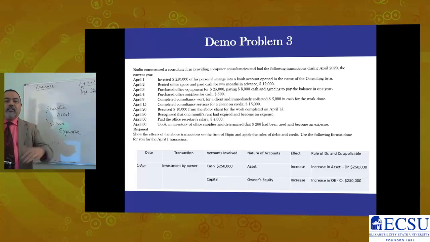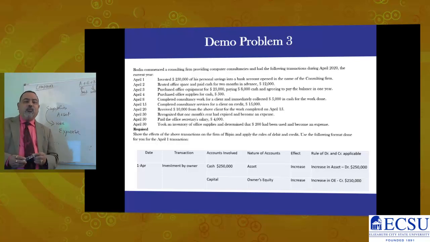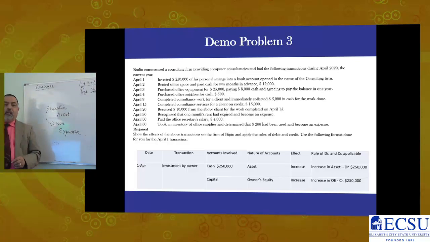So we are given a list of transactions for the month of April, and what you have to do is identify what the transaction is, what accounts are involved, what is the nature of the account, and what is happening. This is the effect of increase and decrease, and you'll apply the rule of debit and credit.